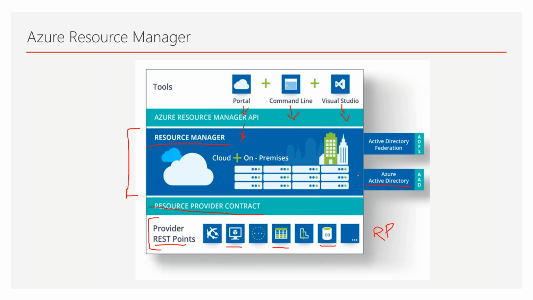It did the authentication and authorization to check whether you are allowed to create a storage account or not. After it checks that you are allowed to create it, it contacted the REST point of the storage account, and then it asked the storage account API to create a resource.